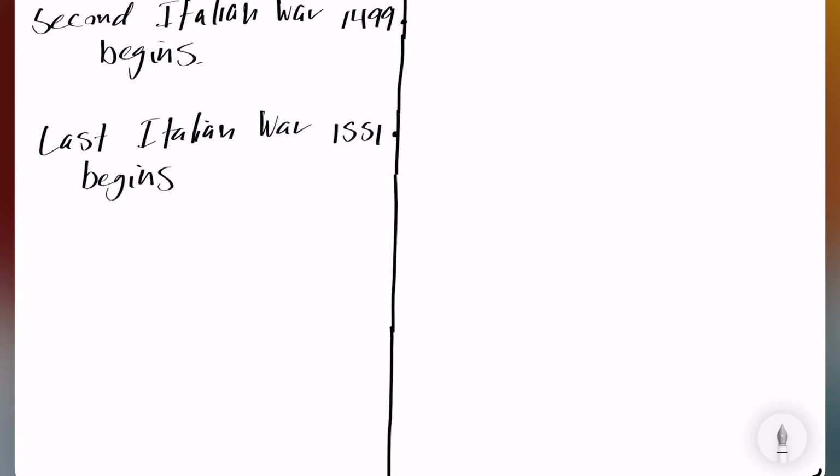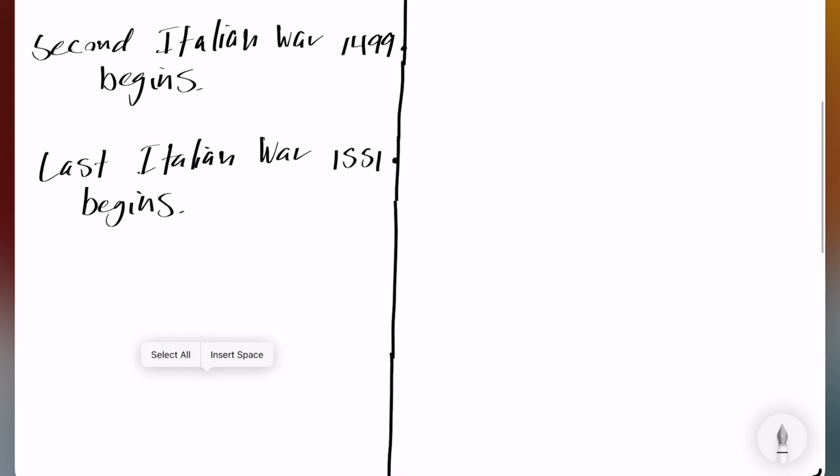And this war lasts for about 8 years. It begins in 1551 and it ends in 1559. And this war ends when Henry II of France, Elizabeth I of England, Ferdinand I, the Holy Roman Emperor, and Philip II of Spain sign a peace treaty to end this last Italian war.